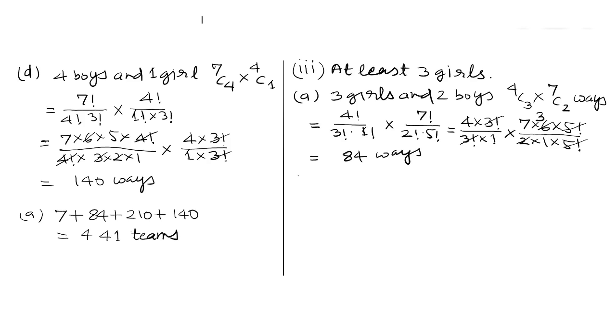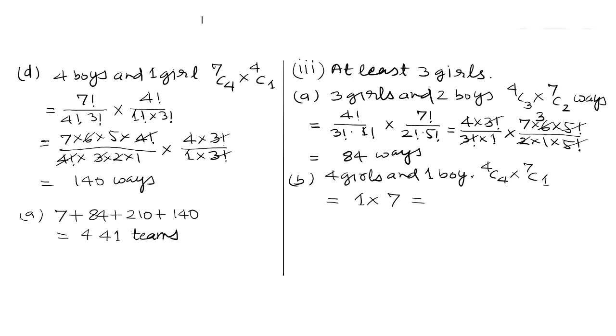And part B, 4 girls and 1 boy. So 4 girls can be selected in one way, that is 4C4 multiplied by 7C1. 4C4 is equal to 1, and 7C1 is equal to 7.